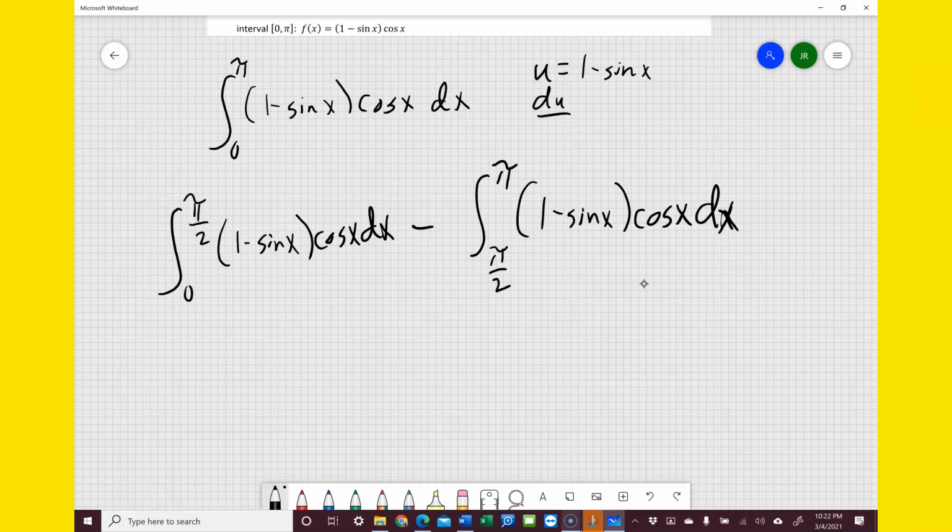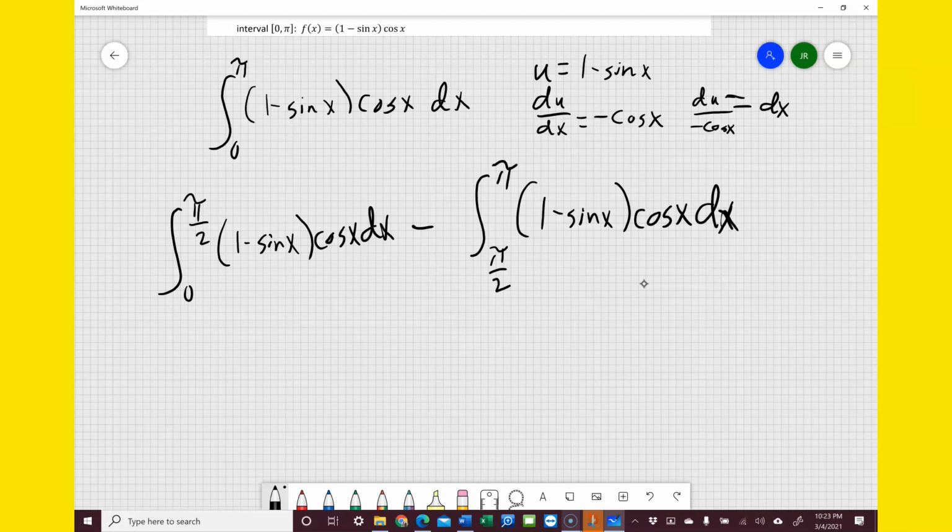So du dx is going to be, the derivative of 1 is just 0, and the derivative of sine is cosine. Since there's a negative sign in front of it, it's going to be negative cosine x, so that du over negative cosine x equals dx.